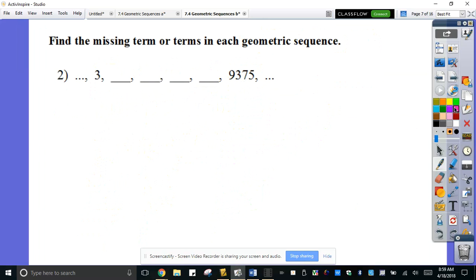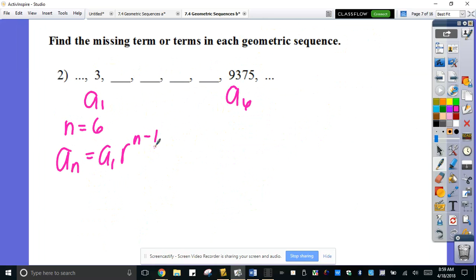Next, again, what's the first term? A sub 1. This is the second, third, fourth, fifth, sixth term. So the value of my n here is equal to 6. I know the formula is a sub n equals a sub 1 r to the n minus 1. If n is 6, this will be a sub 6 equals a sub 1 r to the 5, because 6 minus 1 is 5.